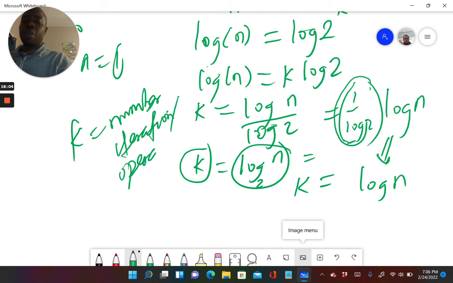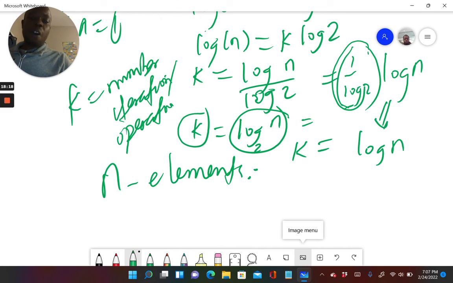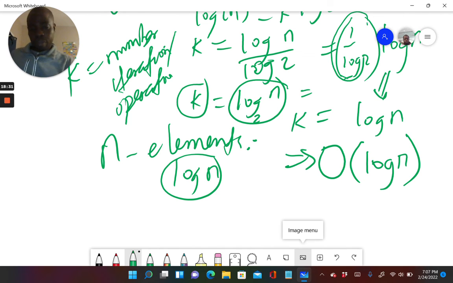Let me call it the number of operations. So for an n-element array, the number of operations is log n. That means the number of operations is small, so it is fast. And you can write this as order of log n.